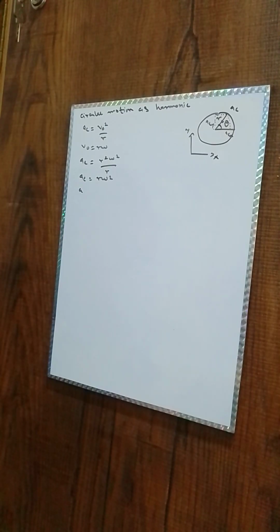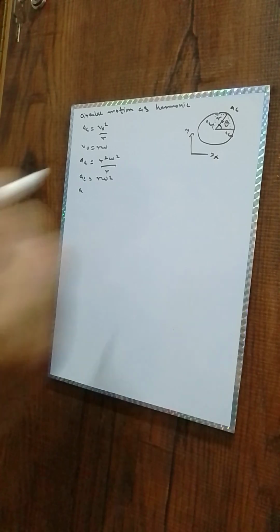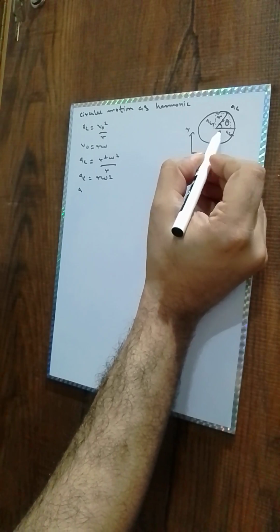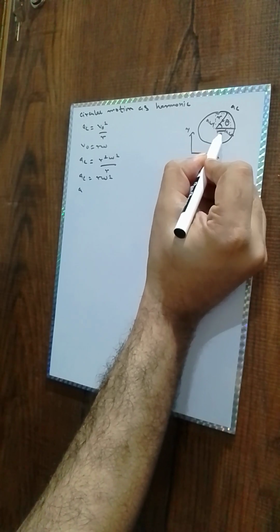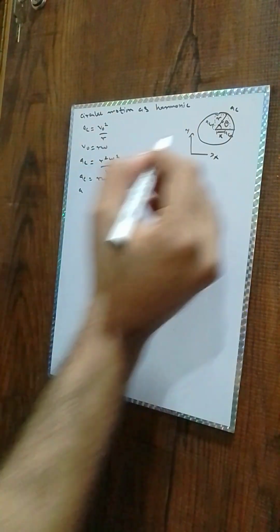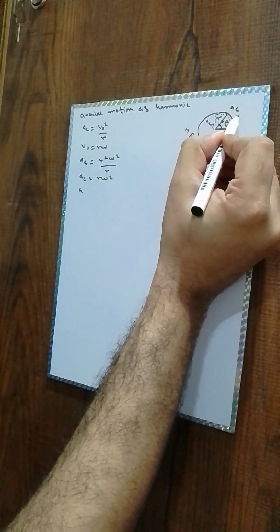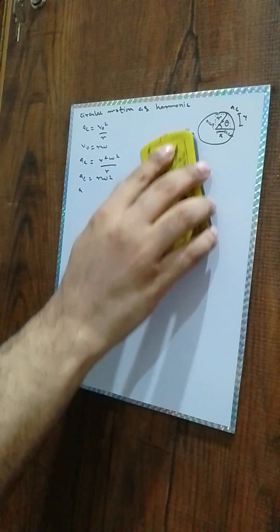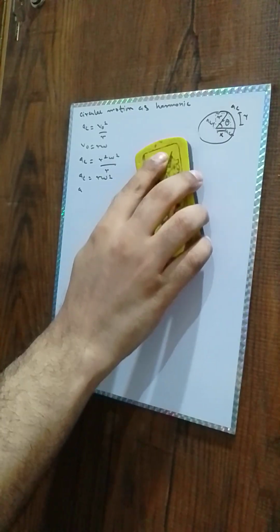So this dimension in general would be x, and this vertical projection would be y.